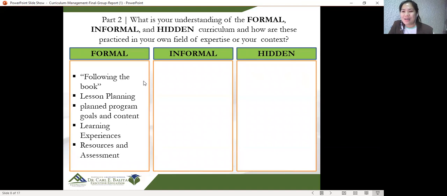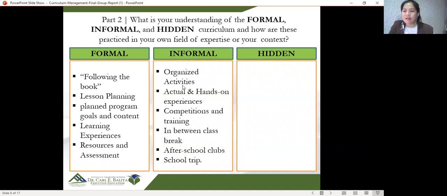We can find the objectives and goals that we need to aim in teaching and learning. Now, in informal, these are the organized activities, action and hands-on experiences, competition and trainings in between class break, after class, school clubs, school trip.